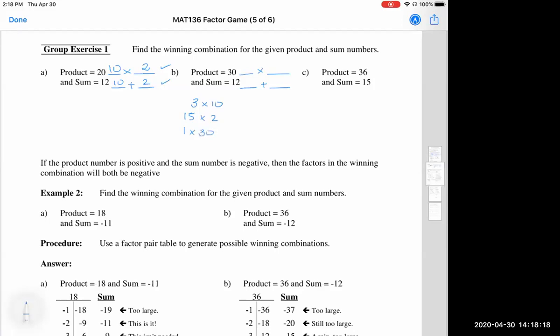Is that it? 5 and 6. And that's it, right? And when I add them, I get 13, 17, 31, 11. None of them add up to be 12. So this one does not have a winning pair.